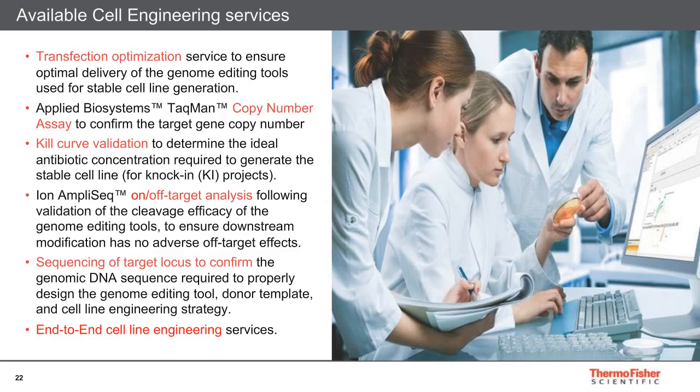We can also provide services for on and off target analysis, sequencing of the target locus to confirm its identity to the reference genome that is present for human and mouse. And finally, we provide a complete end-to-end cell engineering service to generate the mutation or the gene knockout that you desire in the cell line of your choice.